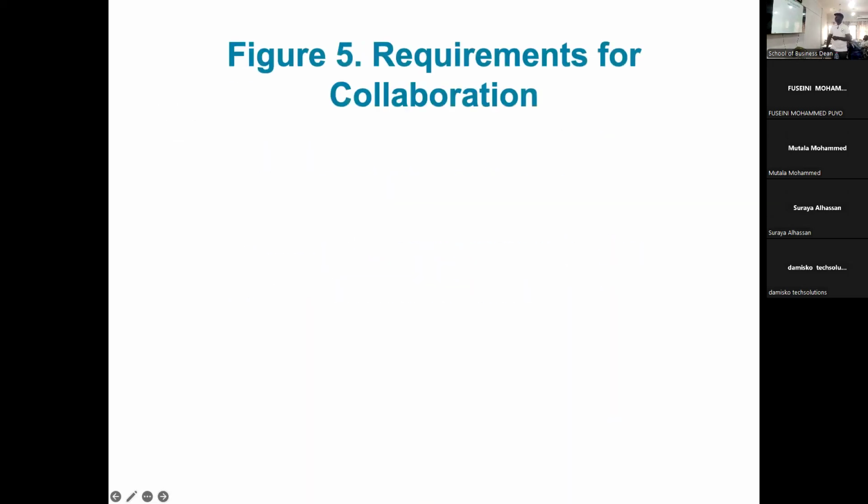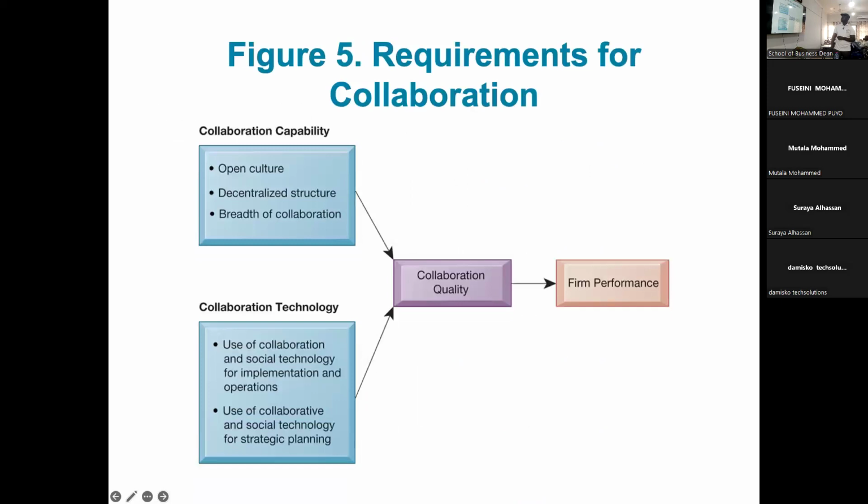Now, if you want to collaborate, you must know two things. So let's look at this diagram and probably end. The first one is collaboration capability, and the second is collaboration technology.